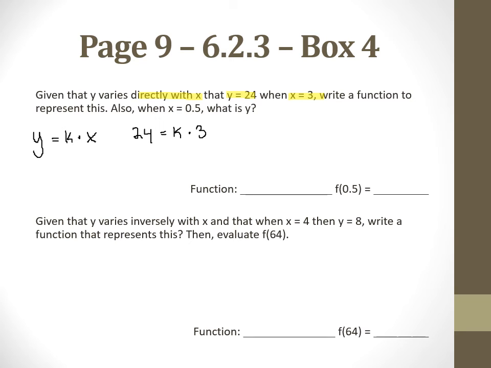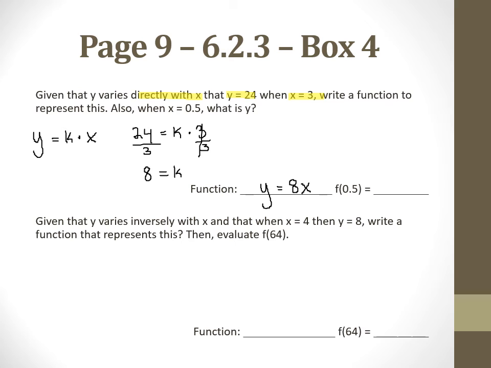So instead of having k times 3, I'm going to divide both sides by 3 to undo the multiplication. 24 divided by 3 is 8. So I know that my variation constant is 8. So y equals k times x becomes y equals 8x.